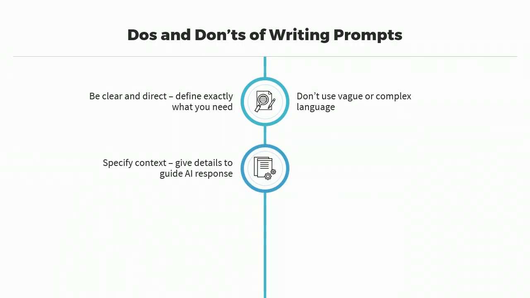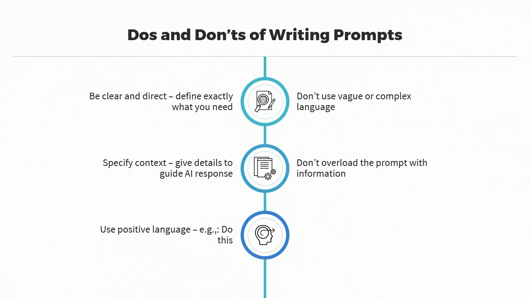Next, specify the context. Providing relevant details helps the AI understand the background of your request and tailor the response accordingly. However, don't overload the prompt with information. Too much detail can overwhelm the model, making it harder to generate concise and useful results. Keep it simple and focused.